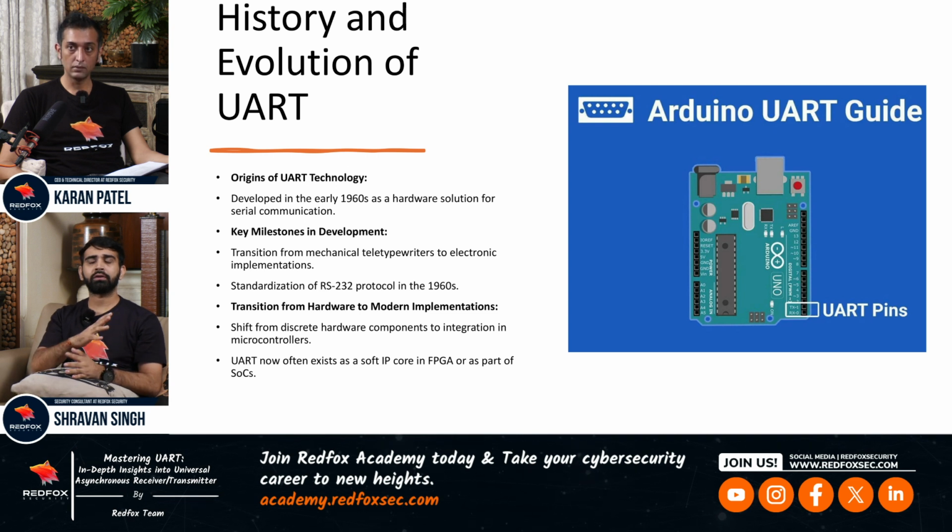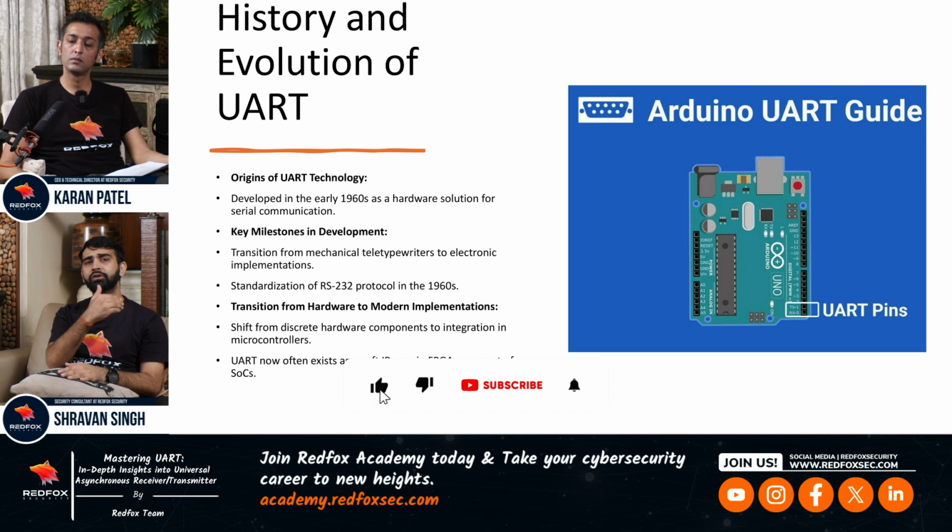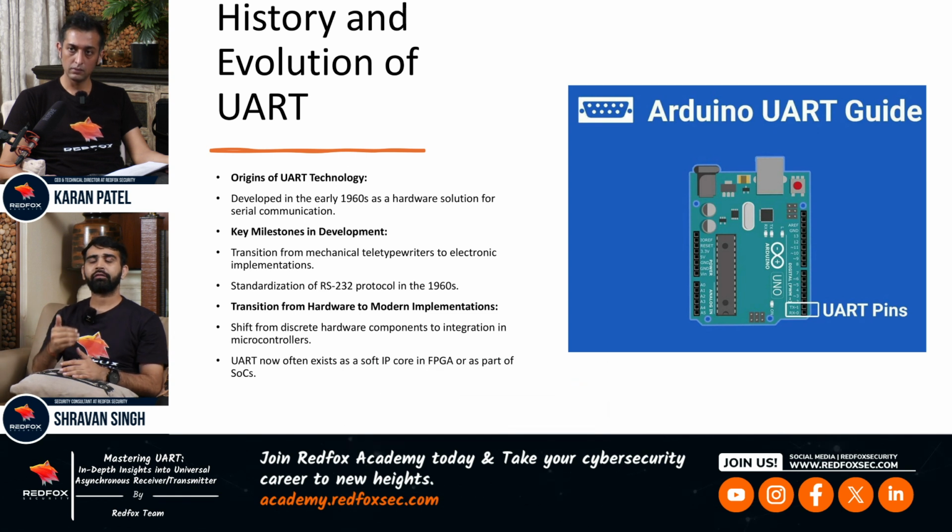There are two types of wiring, half duplex and full duplex. In half duplex, data transfers in one direction between the device and the peripherals, and in full duplex we use two wires for data transmission in both directions, so that we can read and write data at the same time from the UART section.